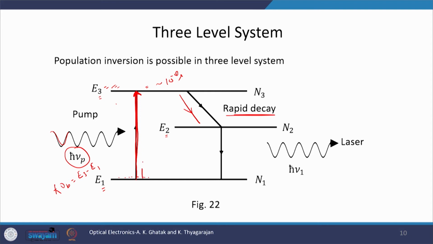Okay. This is a transition, and as soon as the electron reaches the E3 level, since the lifetime of the E3 level is very small, lifetime means the duration in which the electron stays in a particular level. The lifetime of the E3 level is 10 to the power minus 8 second.